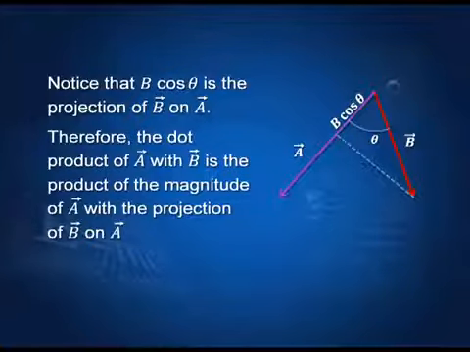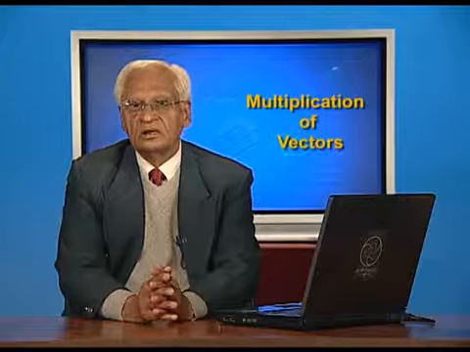So, therefore, the dot product of vector A with vector B is the product of the magnitude of vector A with the projection of vector B on A. The result is A B cos theta.